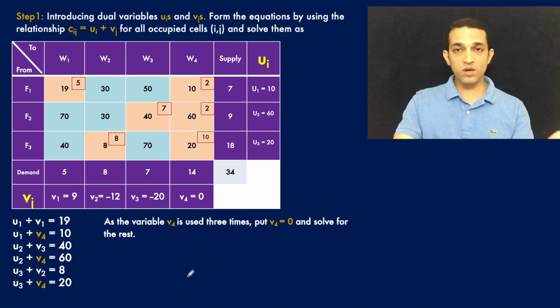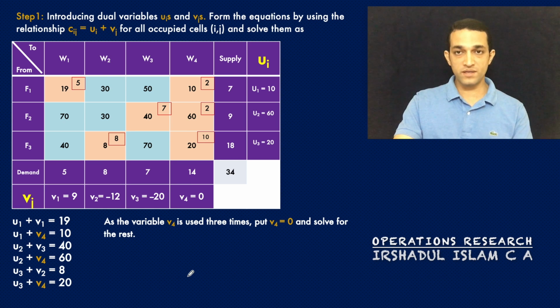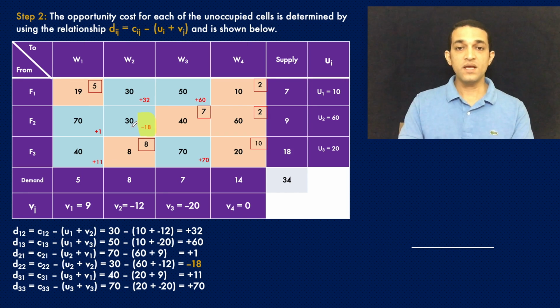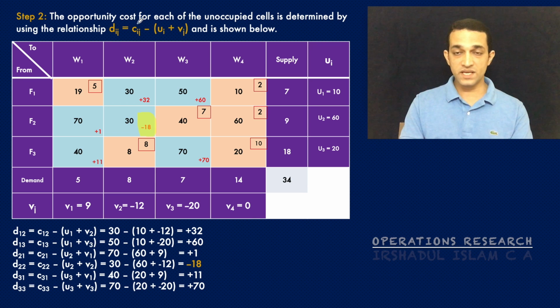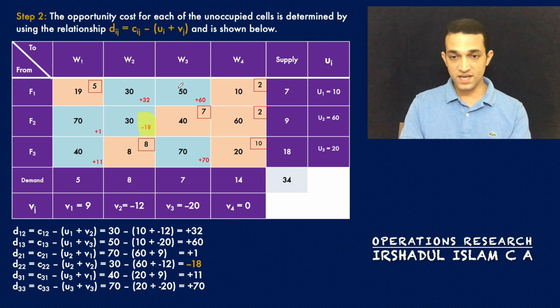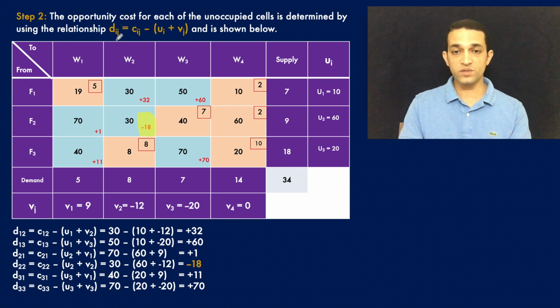Once we have obtained the ui and vj values, we calculate dij for the unoccupied cells. There is another relationship: dij equal to cij minus (ui plus vj). We have the u and v values and the cij values for each unoccupied cell, so it is easy to calculate the dij values.